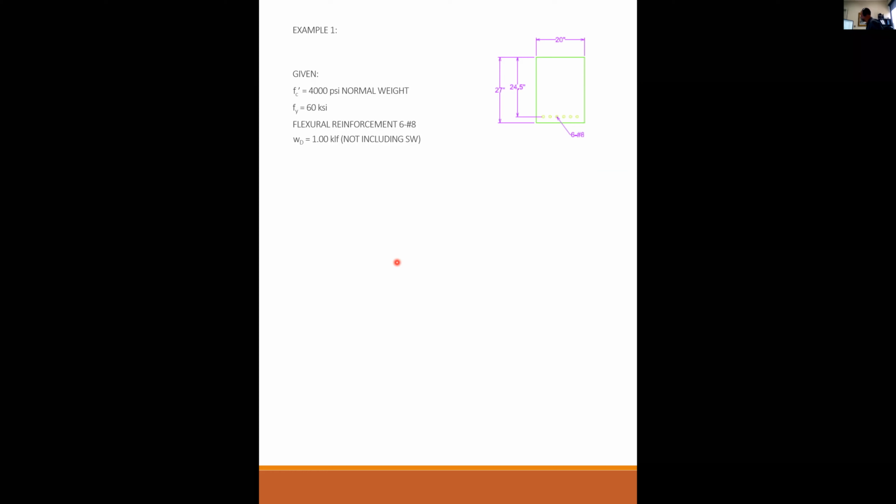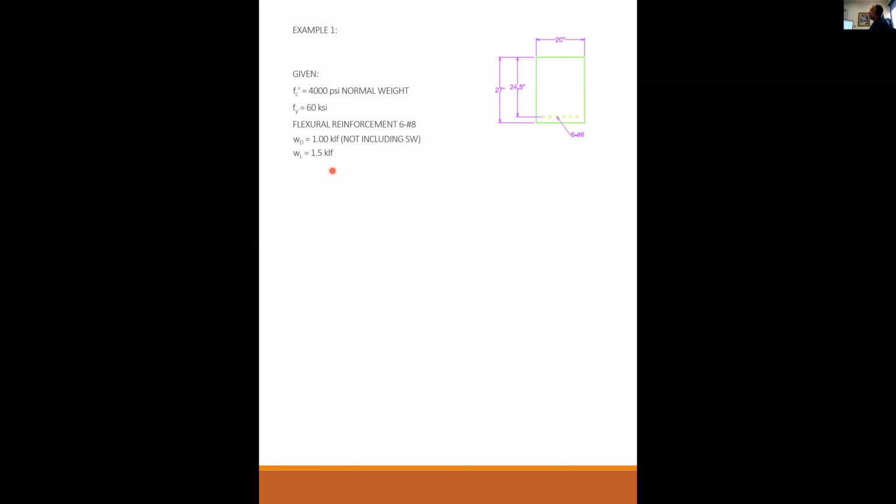Oh, this is great. All right. Well, hey, this is how it works. So here is an example where I did not include the self weight with the dead load. Let's see how this pans out.